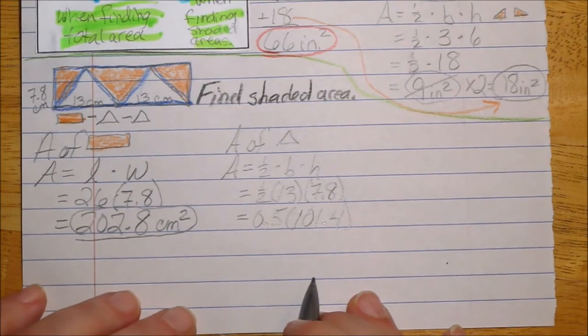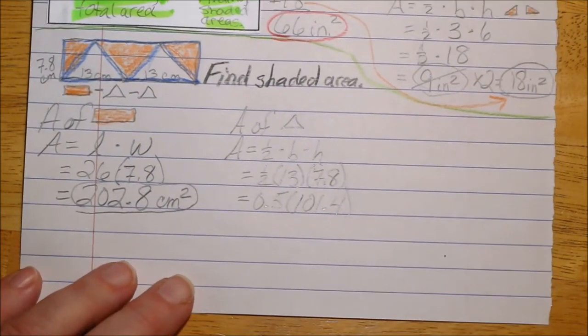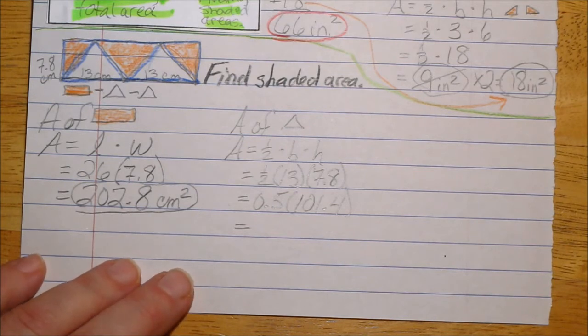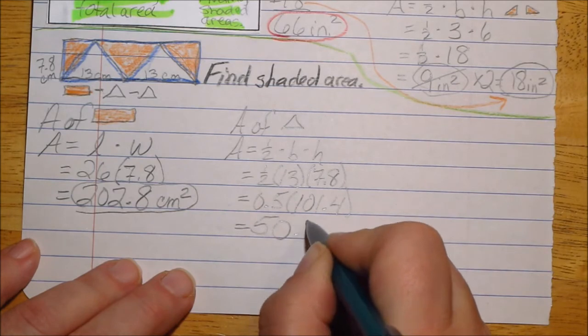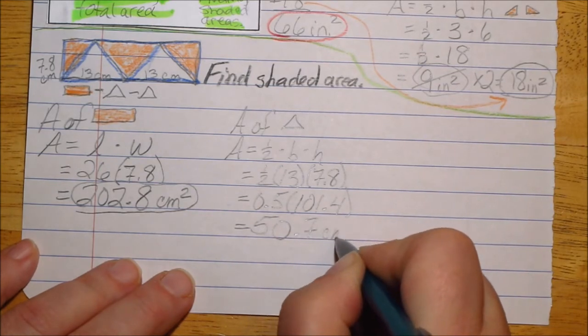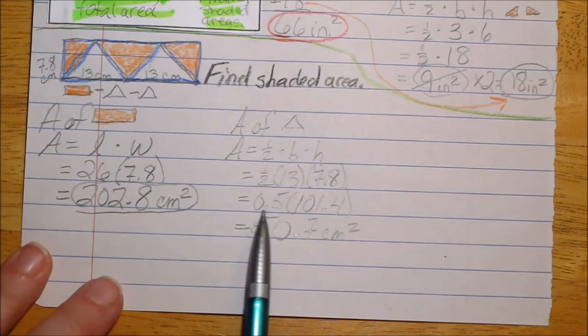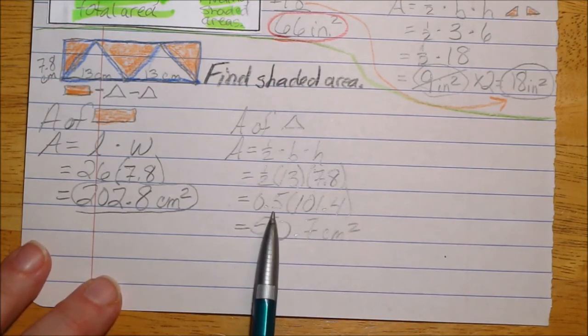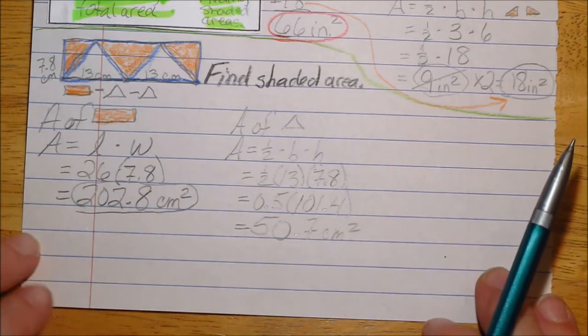All right, now I got to do the math. 101 4/10 times 5/10. So hang on. And I get 50 7/10 centimeters squared. All right, which makes sense because multiplying this by 5/10 means what is 1/2 of this, and that looks to be reasonable.